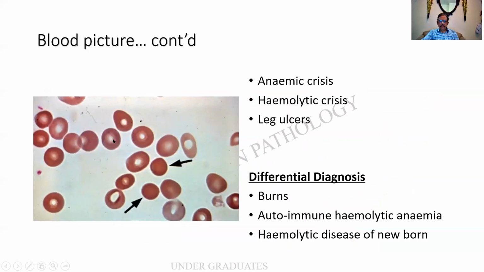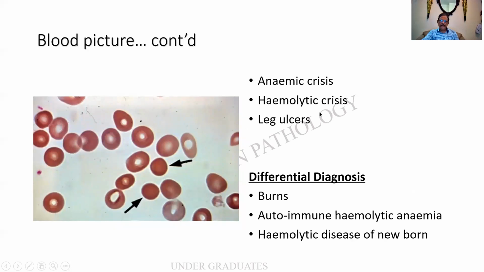So again, the blood picture, I'm able to see small cells which are not having a central pallor. These are the spherocytes. These are cells with pallor that can be seen. So the blood picture has been explained earlier. But there can also be an anemic crisis, just like in sickle cell anemia. You find that there can be an anemic crisis, there can be a hemolytic crisis.